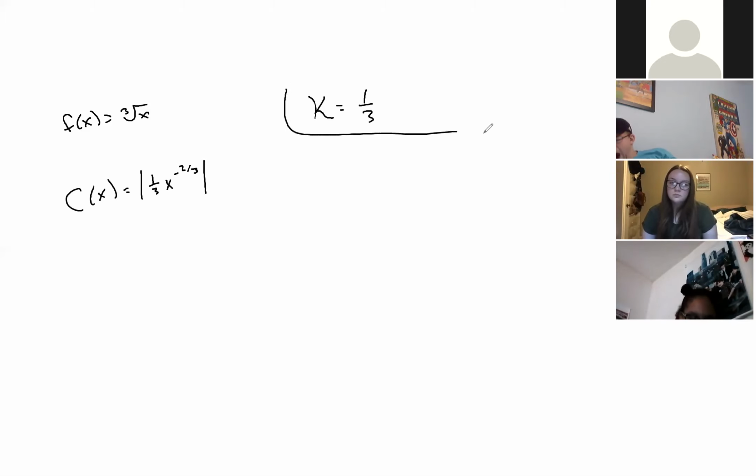So whether or not you have the absolute values makes a difference in your answer. So that's our absolute condition number. The relative condition number just came out to be 1/3, right? But that doesn't really play a role in part C.